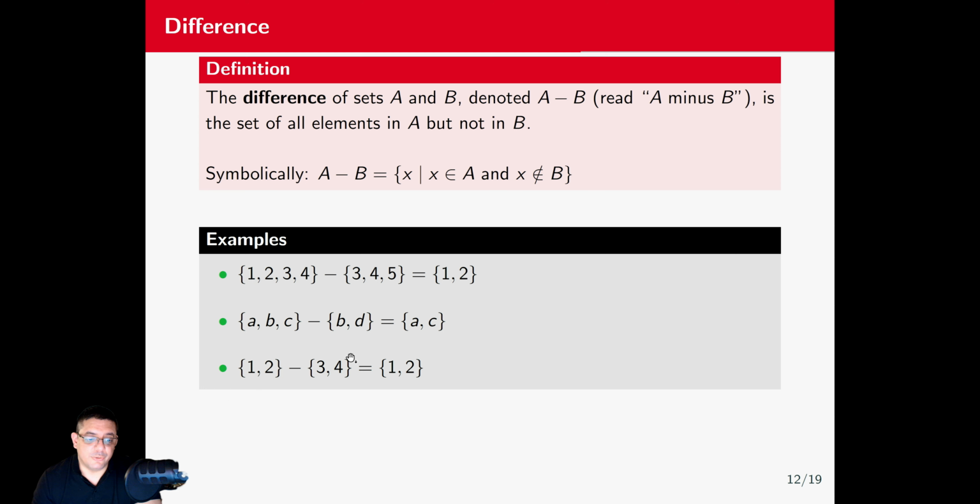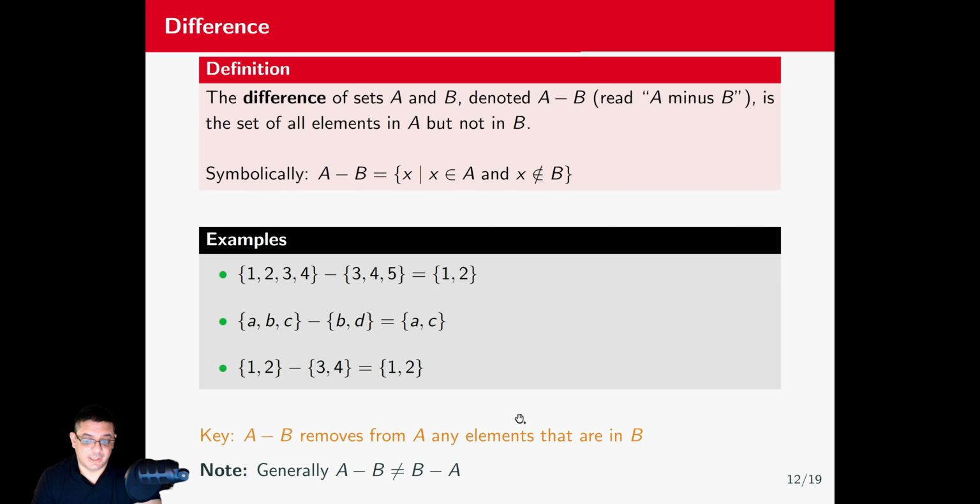If I have {1, 2} minus {3, 4}, because they don't have any common elements, the subtraction is just going to be the same set, the set {1, 2}. In general, A minus B removes from A any elements that are in B. Notice that A minus B is very different from B minus A.